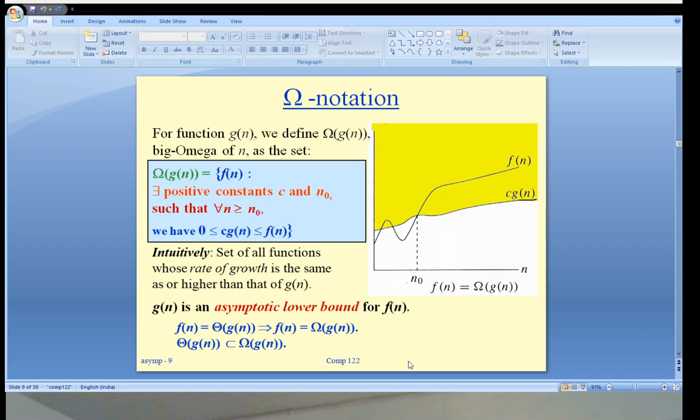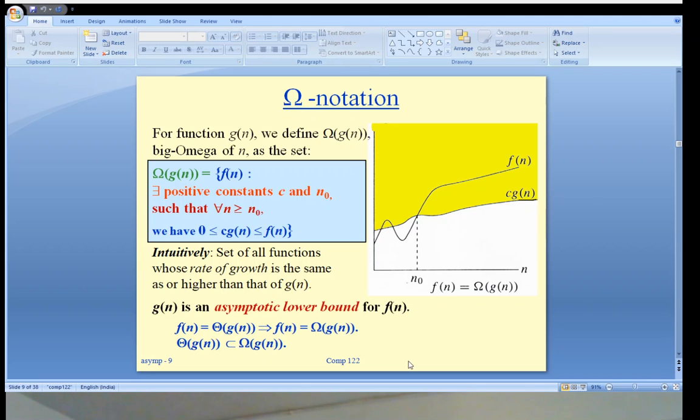It is the lower bound, and here the gn function is an asymptotic lower bound for the function fn. So we can say that theta gn is a subset of omega gn also, because theta gn bounds from both the upper side and lower side, but big omega notation bounds the function from the lower side only.